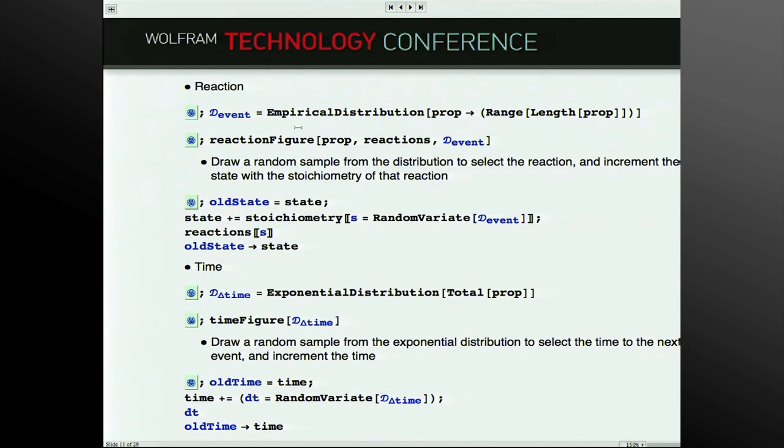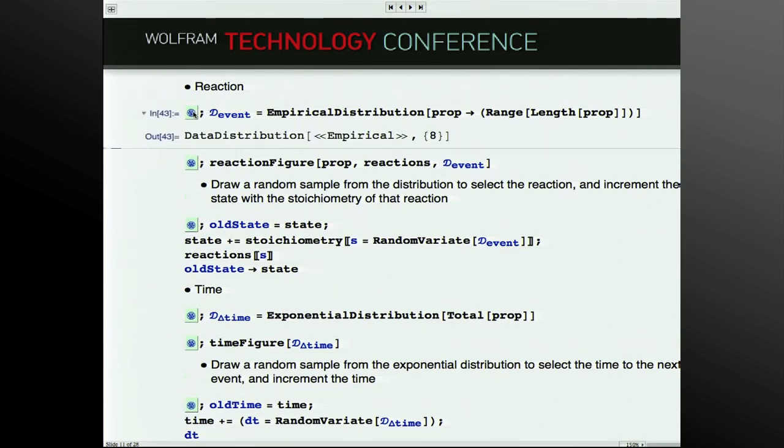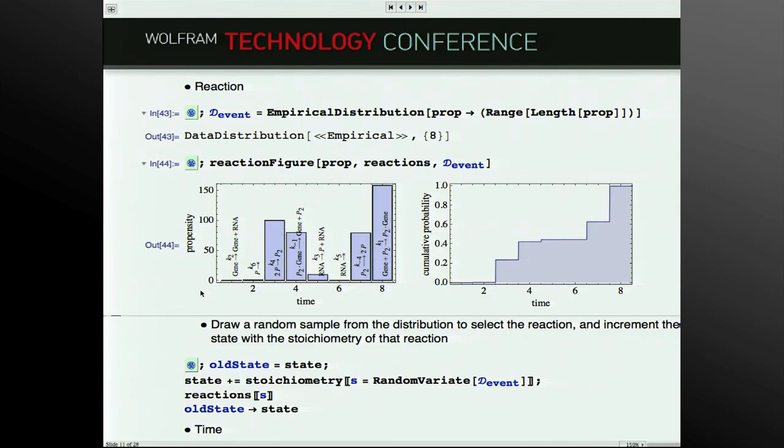So what we do then is we generate an empirical distribution from those propensities. And we can take a look at that, and it looks like this. The first reaction here, which takes the gene and produces RNA, has a very, very low likelihood of happening, whereas something over here, the gene binding with a protein dimer to do the inhibition, is the most likely thing to happen.